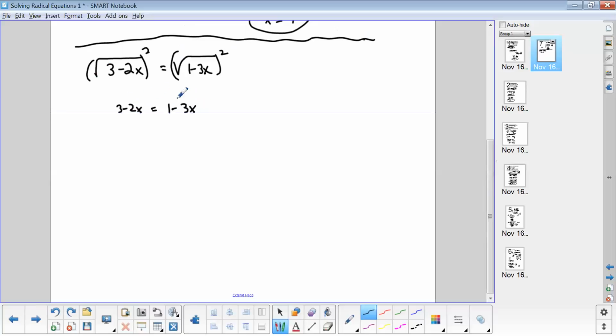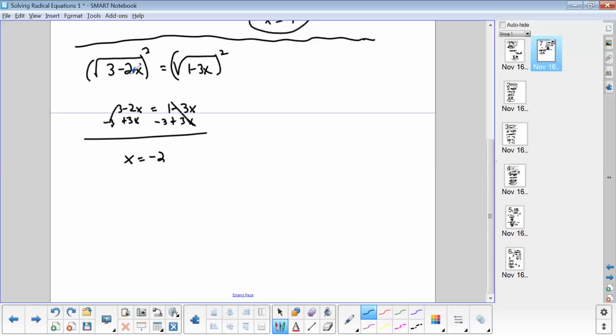I don't see any squared terms, so it looks like I'm going to have one solution. So I'm going to add the 3x to the left side, and I'm going to subtract the 3 from the other side. So I'm going to get 1x is equal to negative 2.